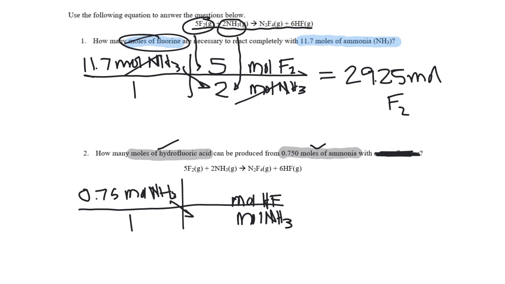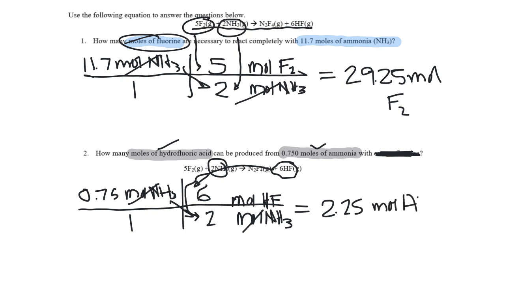Okay, I have the units. Now, how do I know what to put next to those substances? Look to the balanced equation. What's next to HF? A 6. So a 6 is going to go right here. What's next to NH3? A 2. So a 2 is going to go right there. Cancel my units. It's 0.75 times 6, then divide by 2. And I'm going to get 2.25 moles of HF.